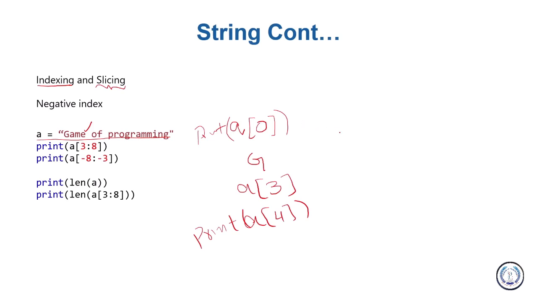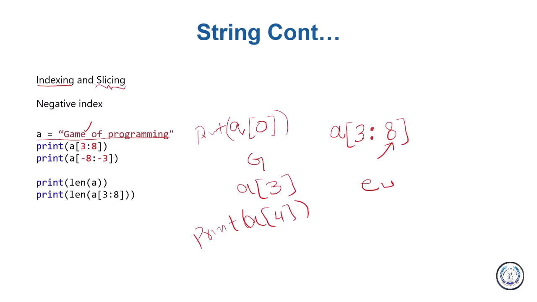For example, we want to access a substring starting from index 3 and all the way up to index 8, but not including index 8. So it will include the character at index 3, which is E, the character at index 4, which is space. Let me write space in this way.